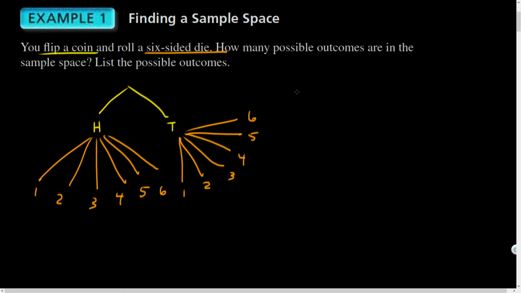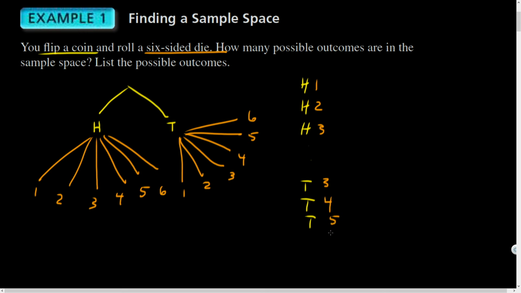It is also possible to list them out this way, where I could have heads with a 1, heads with a 2, heads with a 3, etc. And then I could have tails with a bunch of things as well.